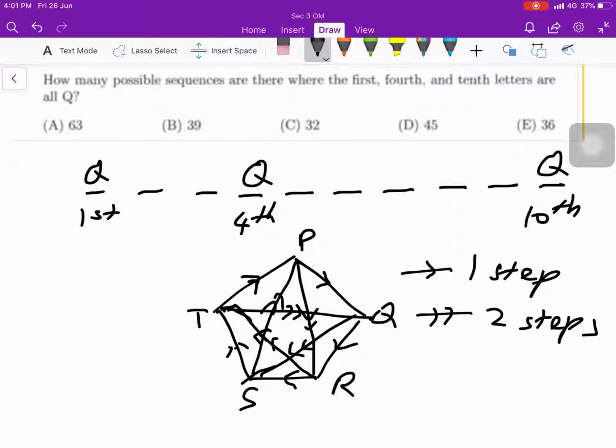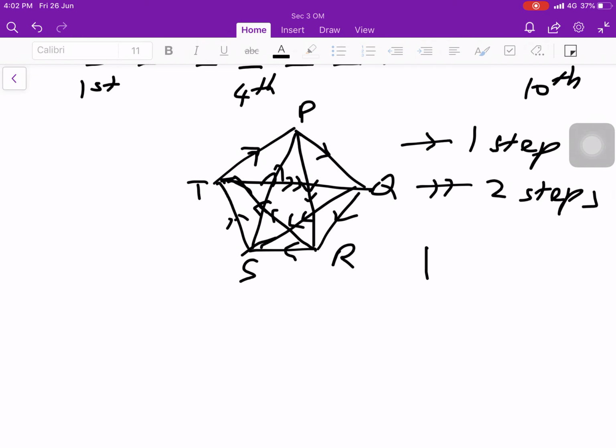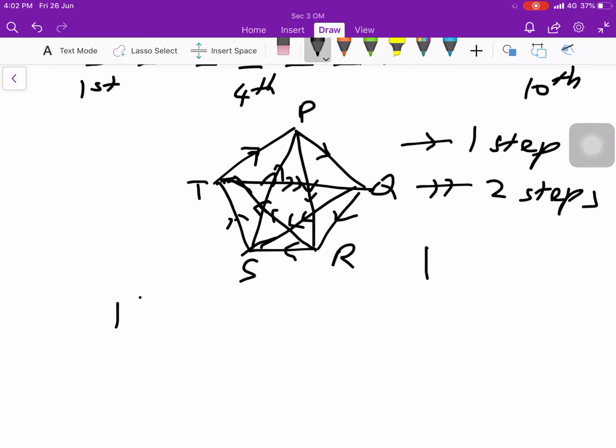To get from the first Q to the fourth Q, what is the number of ways?